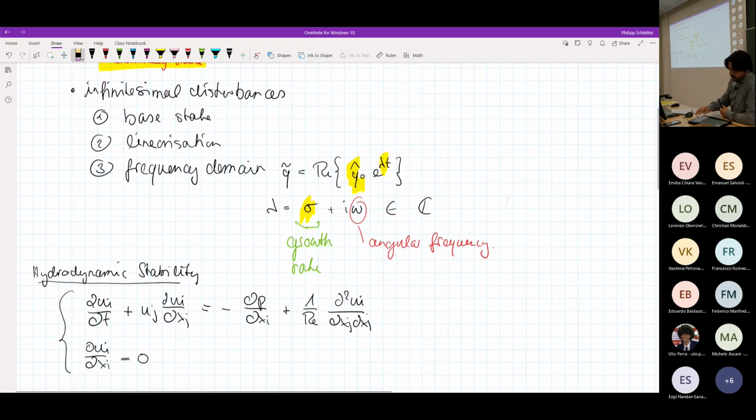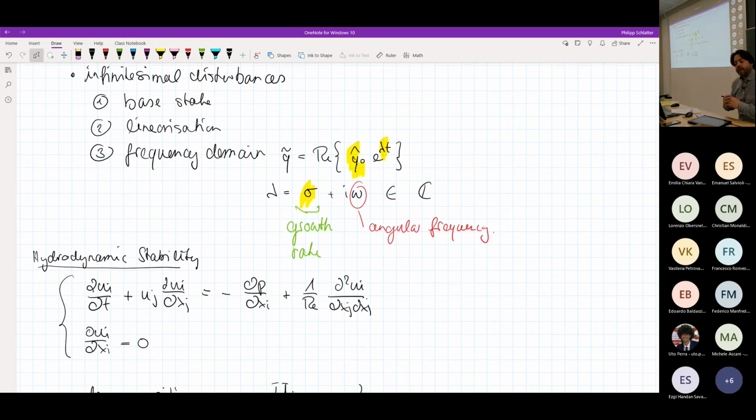Now, the way that we proposed last time to analyze stability of a flow is to go via very small disturbances, so infinitesimal disturbances. The motivation was that on the one hand, we can then linearize the equations and get a linearized evolution equation.